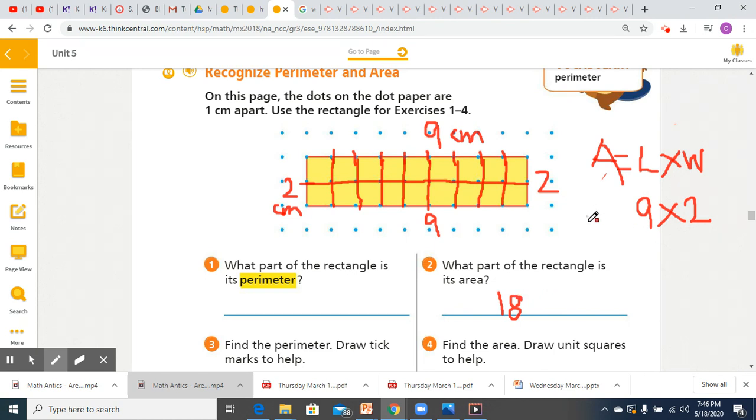Remember that centimeters, when you multiply, it's not the same as when you add. When you're finding the perimeter and you're adding all of the sides together, you are just gonna write the unit as it is, as a centimeter.